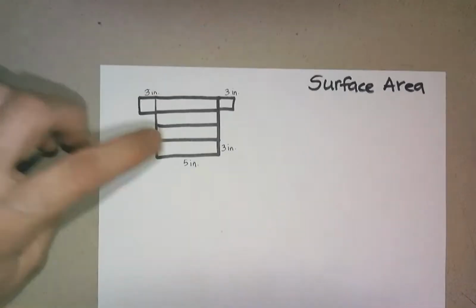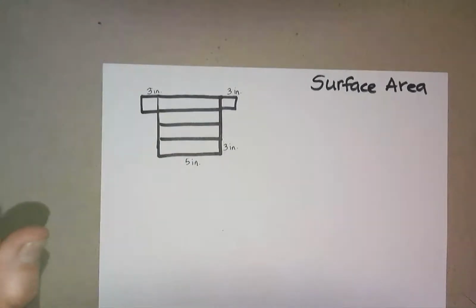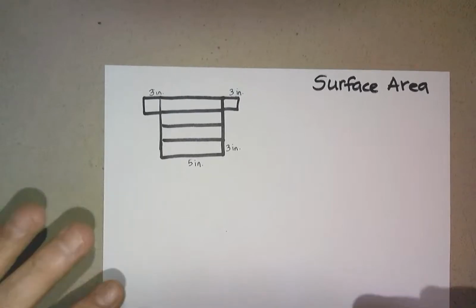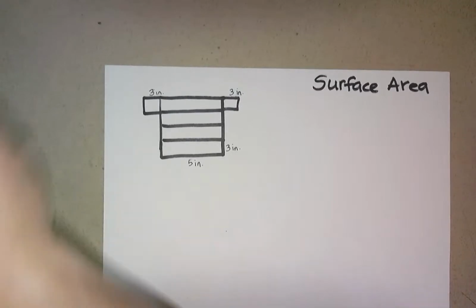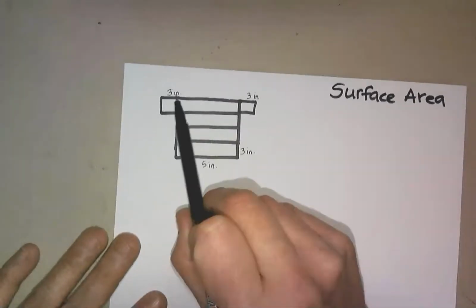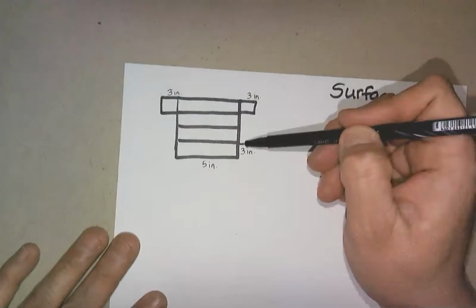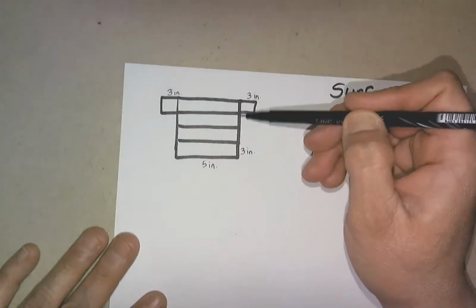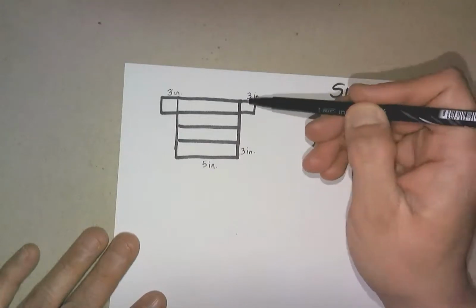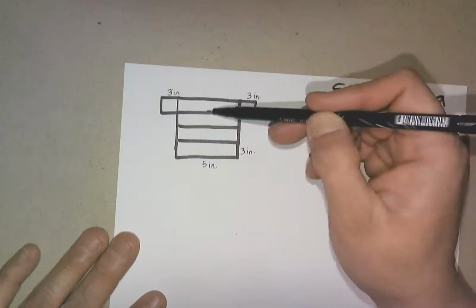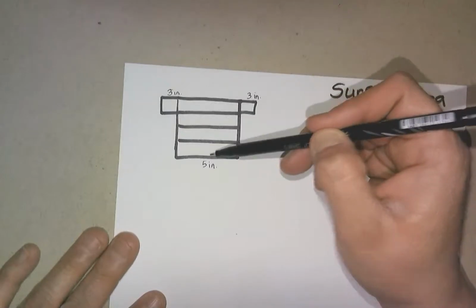So we're going to find the answer for this rectangular prism. The best way I can explain it is, this is 3, and this is 3. So if this is 3, this is 3, and this is 3, that tells me that these are squares. And I can physically see that these are rectangles.